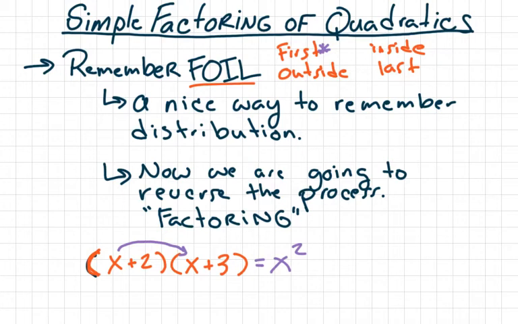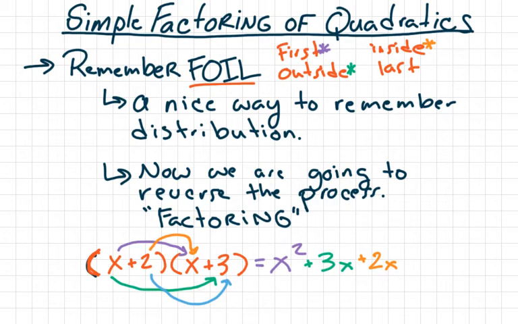Outside, which are the two outside numbers, so that's an x times a 3, which is just a 3x. Inside, which is just a 2 times x, which is 2x. And last, which is these last two numbers, 2 times 3, which is a positive 6.